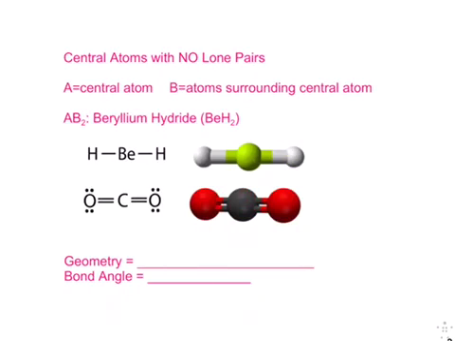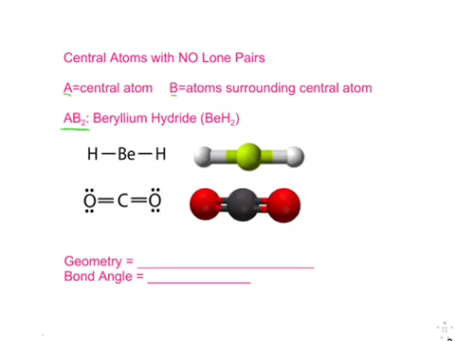Now you're talking. So the first structure that we are going to look at is when the central atom has no lone pairs. So when we look at these, we're going to have a general format to the equations. A represents a central atom, and B will represent the atoms that surround that central atom.